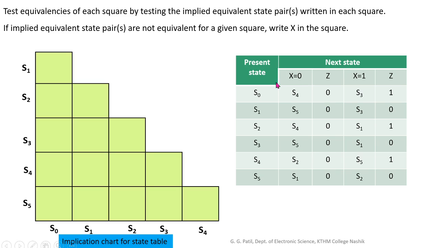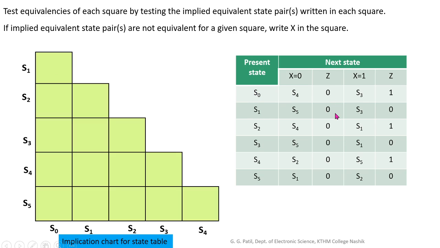So first we have to check S0 and S1. We'll check one by one. The first top square represents the state S0 S1. So we'll check the values of rows S0 and S1.